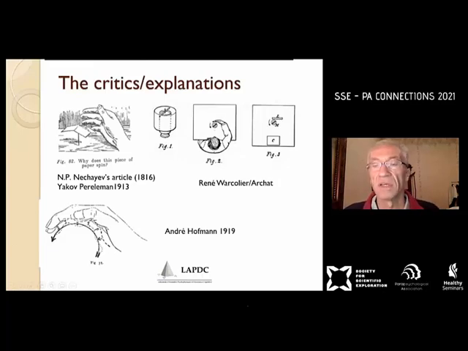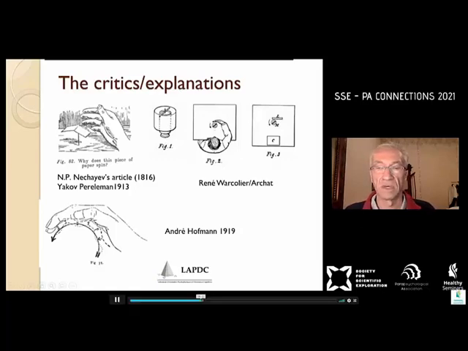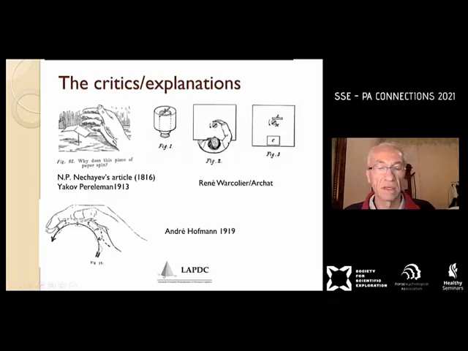The explanation of Varcollier was that the body heat creates a vertical current, and this vertical air current drives a horizontal current along the table. When you put your hand here, you make a disequilibrium of this horizontal air current, and so run the target. And the last one, Hoffman, thinks that it was in fact the blood pulse in the hand, mainly at the wrist, where you see the vein.